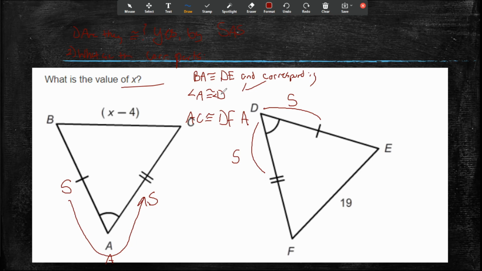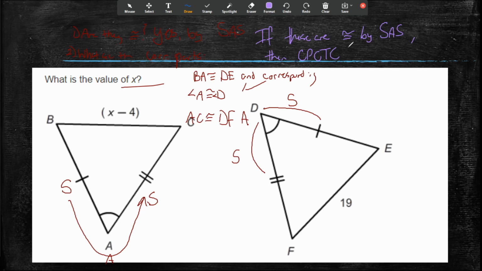Well, nothing yet, except for now I need to recognize that if these are congruent by SAS, then the corresponding parts of congruent triangles are congruent.